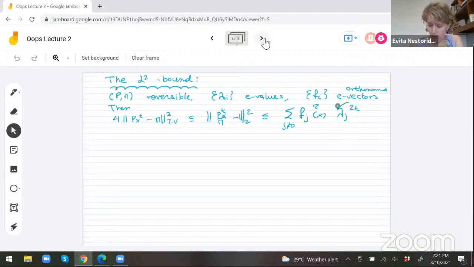So taking t to infinity, this sum will converge to 0. Okay, so this already tells us that this is a way to prove that irreducibility and aperiodicity imply the convergence.